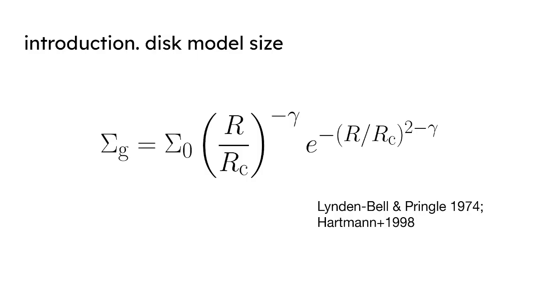It also obviously depends on other things, for example on gamma, which determines the steepness of the power law, or basically what parts of the disk have more mass, whether it's more concentrated towards the inner parts or outer parts, or maybe the same everywhere.